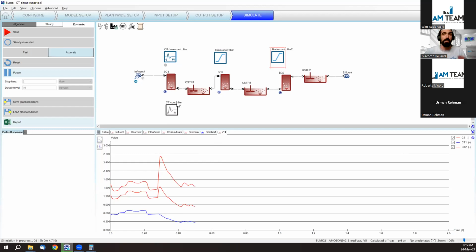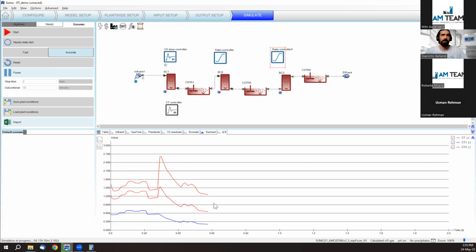But what we can further do is change the controller and use an advanced one, making the controller maintain a fixed CT value, for instance of 1.